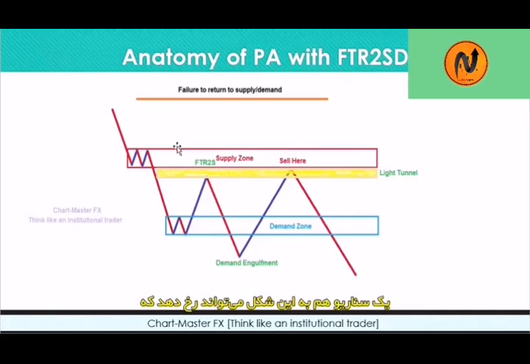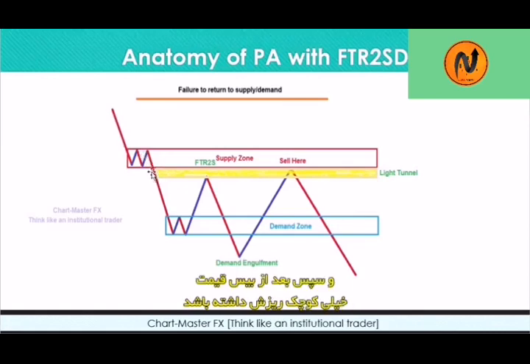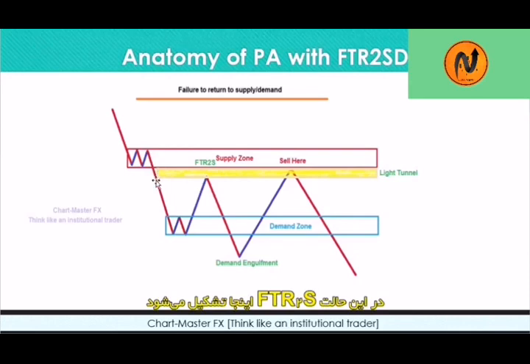So there's this scenario that actually happens as well, where we can be having a drop base drop. So once you are having a drop base drop, what usually happens is that the price may drop for a little bit here, and the price comes to supply zone, but it fails to come to the supply zone. So it actually creates a FTR to supply here, which is what we call failure to return to supply immediately after the price has actually created a base here.